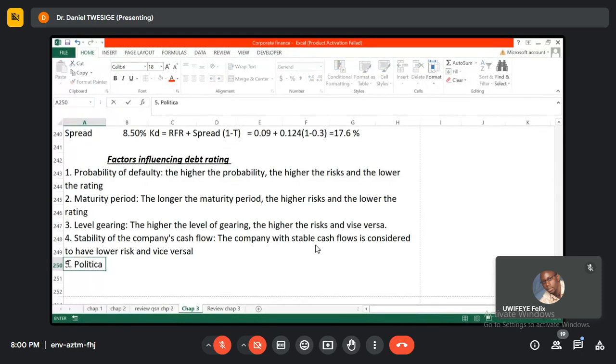Look at the political instability, political conditions. If the political conditions are not stable, these companies are considered to be of high risk.